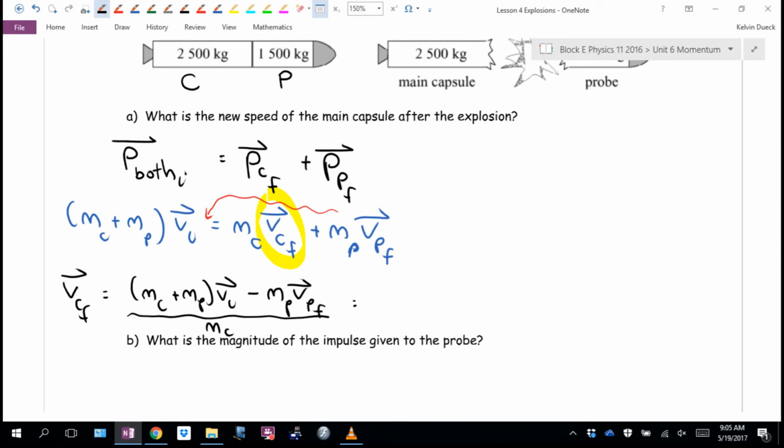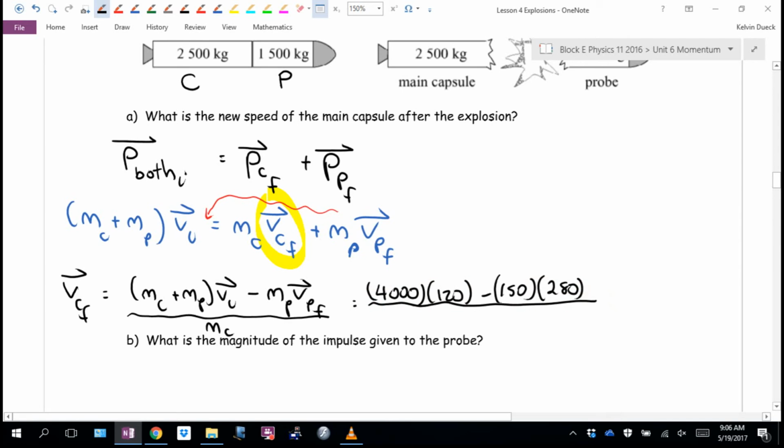Is that 4,000? I've scrolled down. What was the initial velocity of both of them? 120, minus probe is 1,500, and its new speed was 280, divided by 2,500. What do you get?